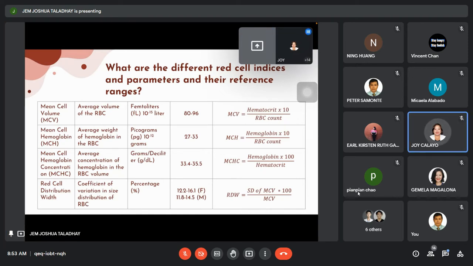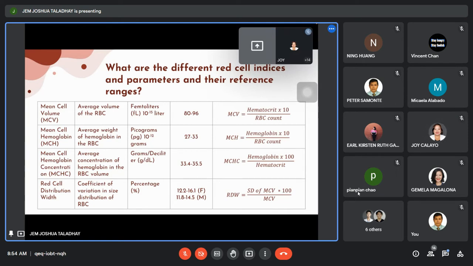Now, Sir Jem, were you able to show a picture of the heme synthesis, showing the iron molecule in that particular illustration? No po, ma'am.